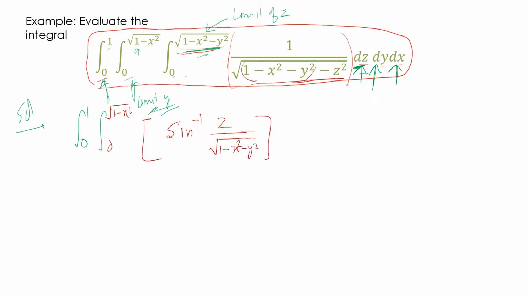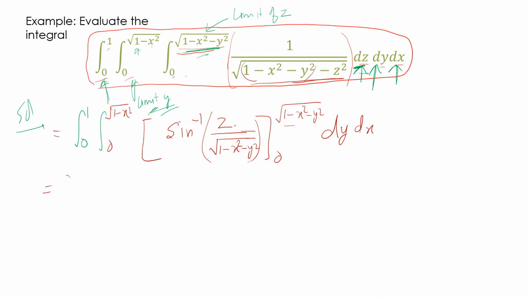So we apply the limits 0 to root 1 minus x square minus y square, dy dx. When you apply the limit here, we get sine inverse 1 minus sine inverse 0.